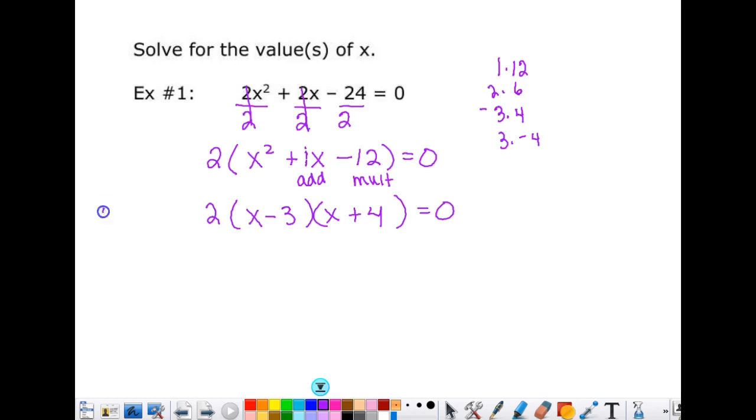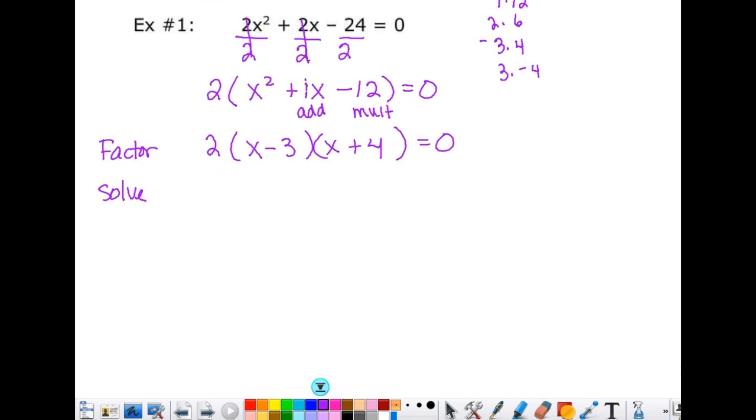Okay, so now, if the directions say factor and that's all, you just stop. But if they say factor and solve, you've got to carry it one step farther, okay? You set all of your factors up equal to 0. There's 3 factors. 2 is a factor, x minus 3 is a factor, and x plus 4 is a factor. And you set all of your factors up equal to 0.